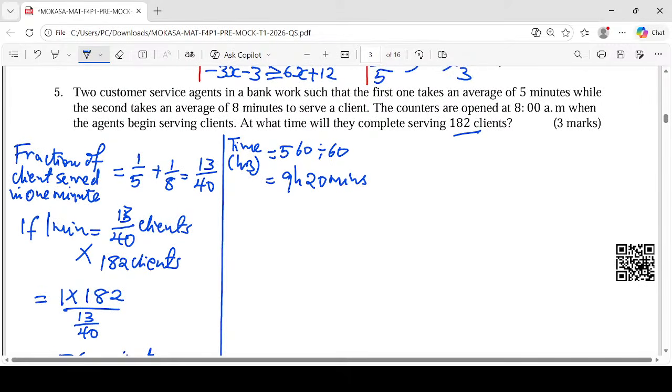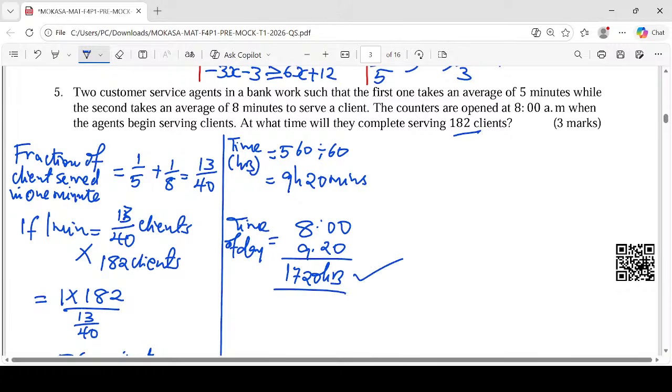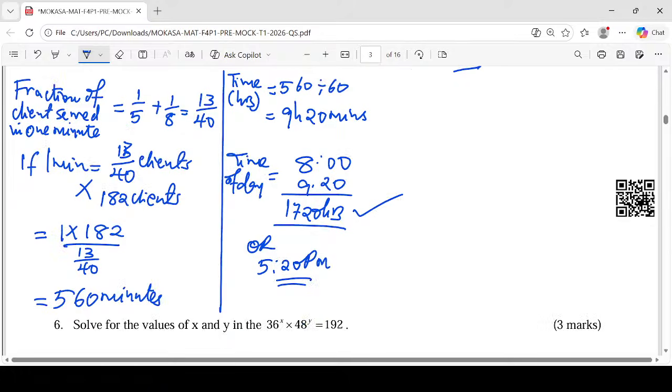Now to get the time of the day, they opened at 8:00 a.m. and took 9 hours 20 minutes, meaning they finished at 17:20 hours, or you can write your answer as 5:20 p.m. That is how you could have approached this particular question.